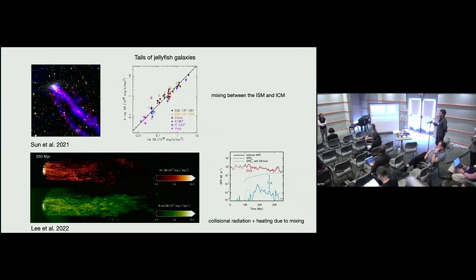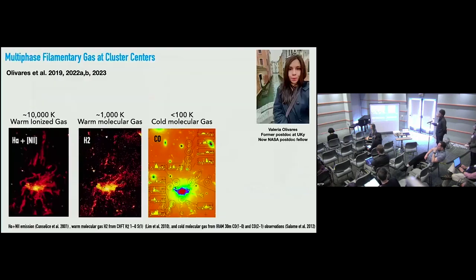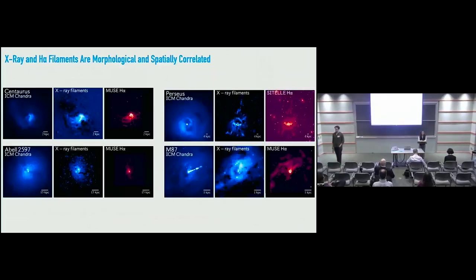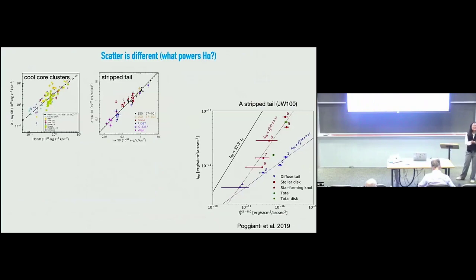Related to something I mentioned yesterday, most of the soft X-ray emission is coming from the lower temperature, higher density gas at these interfaces. I wonder if you change your X-ray to only the harder energy X-rays, whether you see a similar correlation. We haven't tried that, but it's worth trying. My expectation is that if it's coming from mixing, you wouldn't see nearly as good a correlation.